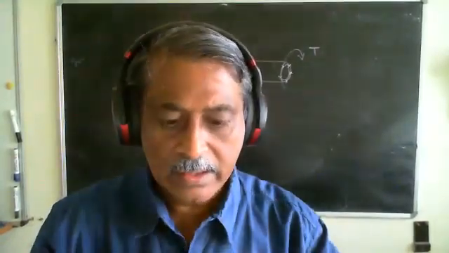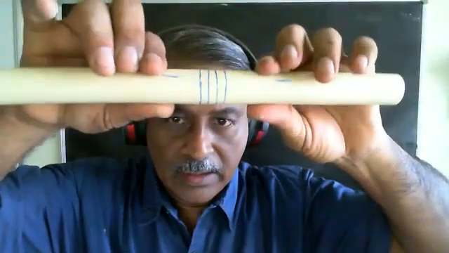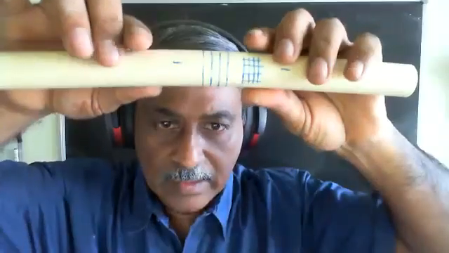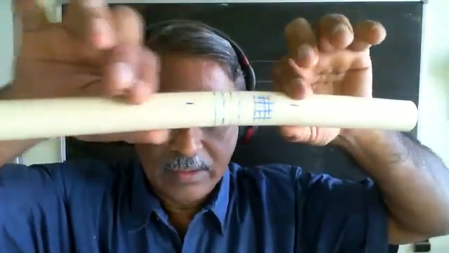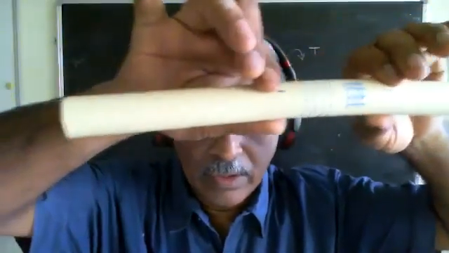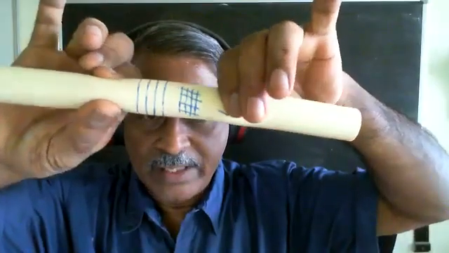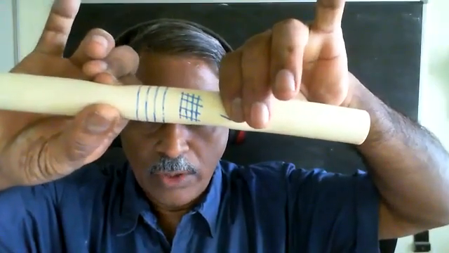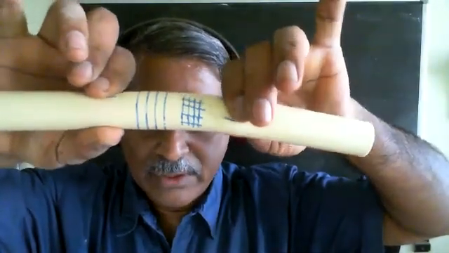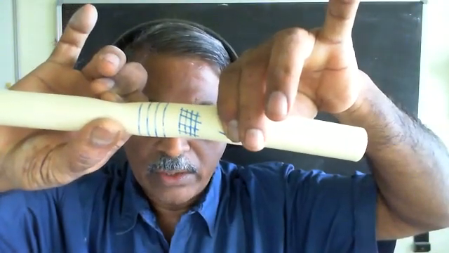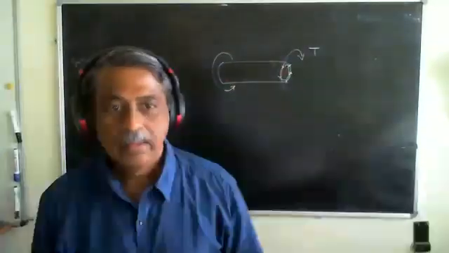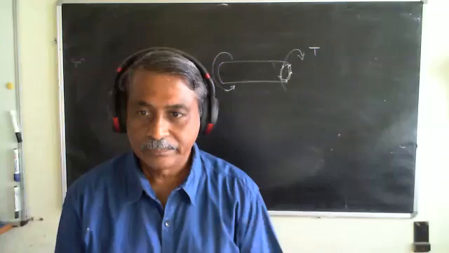Shall I repeat this experiment once more? This one and this one. So I'm going to now twist it. I'm twisting it now. What do you find? What happens to the grid, and what happens to those circular lines? Let's start with that. Grids become parallelograms.